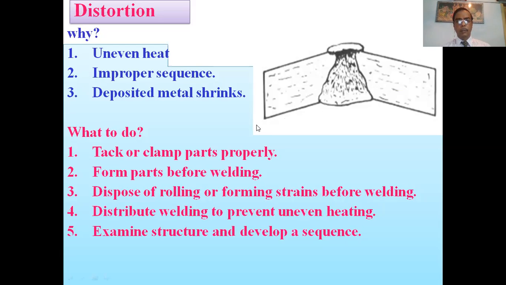Then what to do? Tack or clamp parts properly. The fixture must be correctly fitted. Form parts before welding. Dispose of rolling or forming strains before welding.